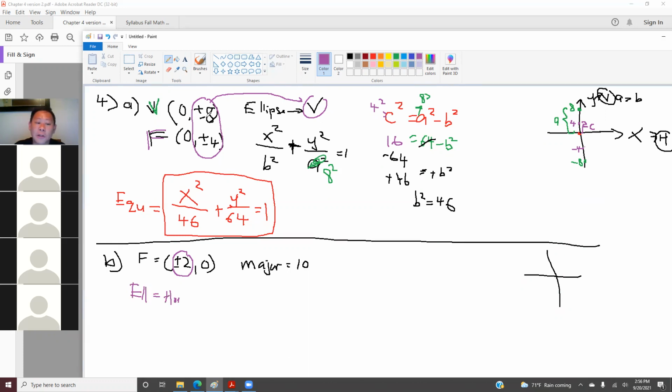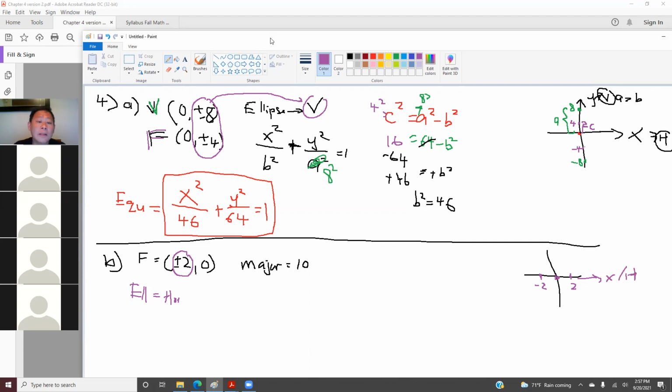Make sure you look at your coordinates. If you want to draw it, your center is at 0, 0. Your +2 and -2, 0 is right here. This is your focus point, and since it's on the x-axis, it is horizontal.